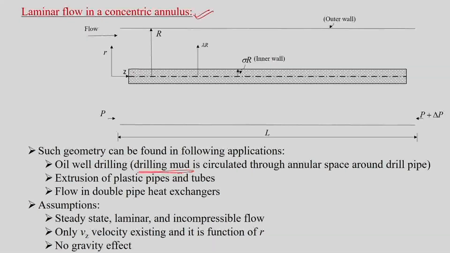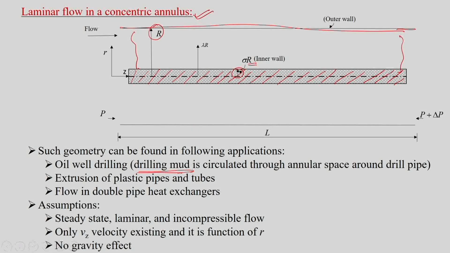So, we have a kind of cylinder here or circular pipe, like that shaded portion here. The radius of this inner pipe or tube is sigma r. There is another cylinder here of radius capital R. In this annular space in between, the flow is taking place.